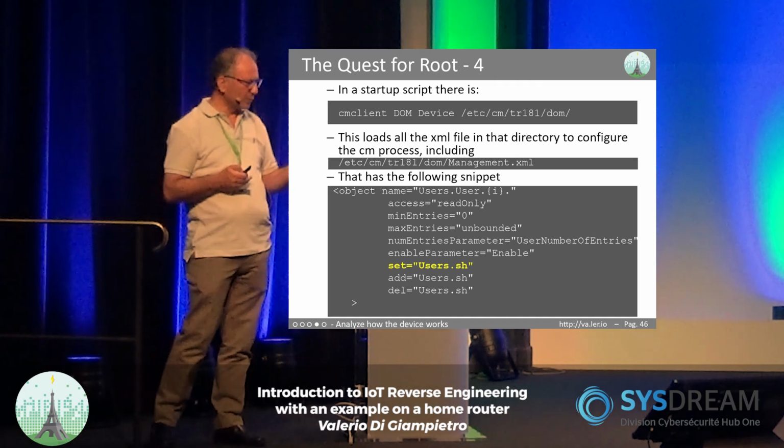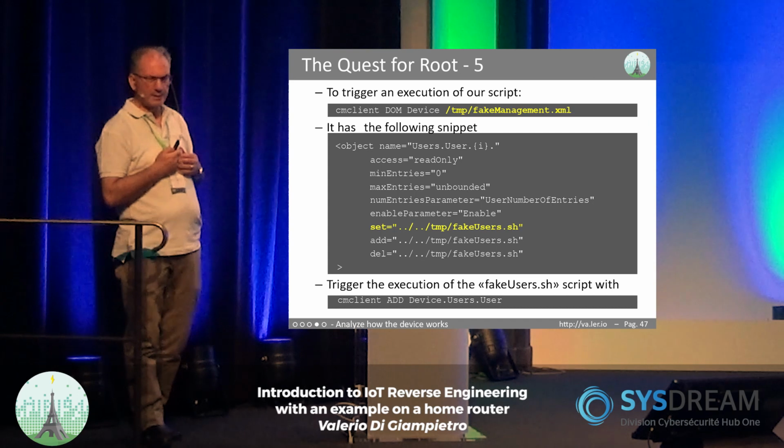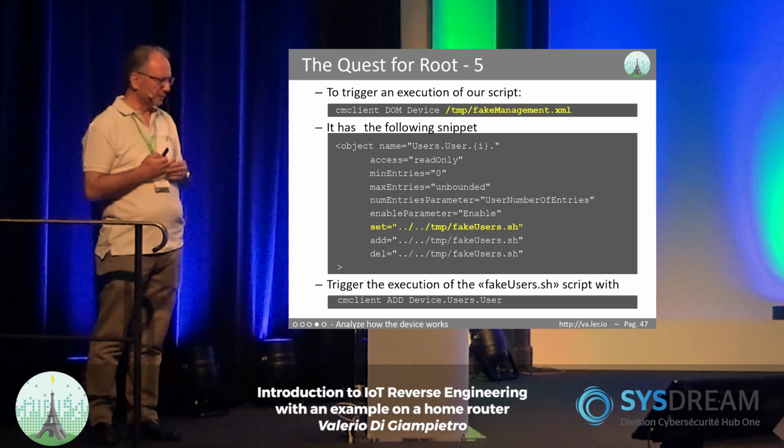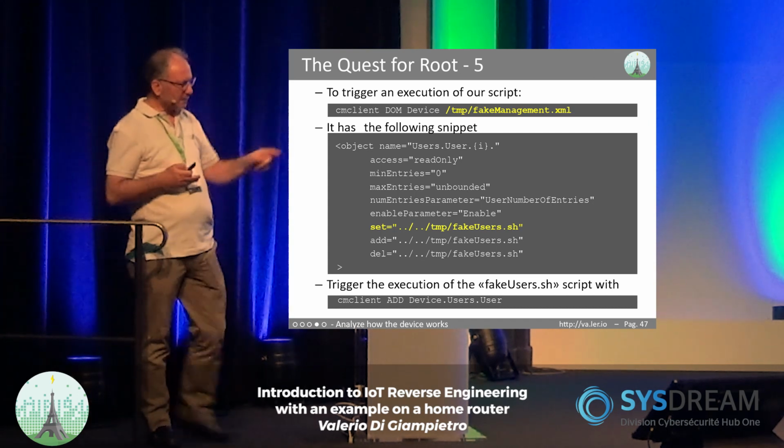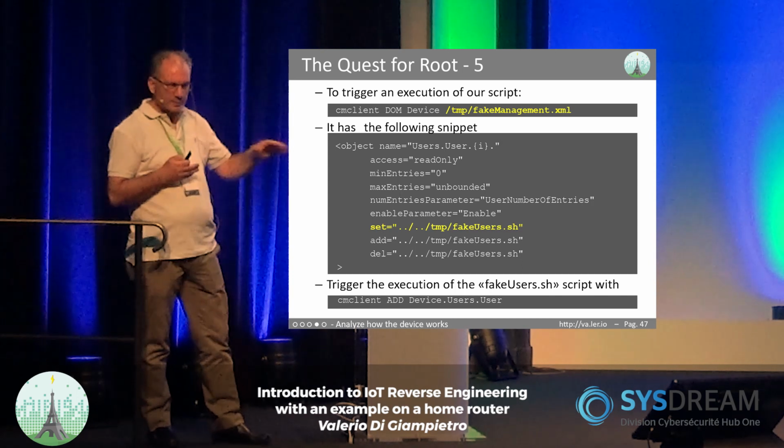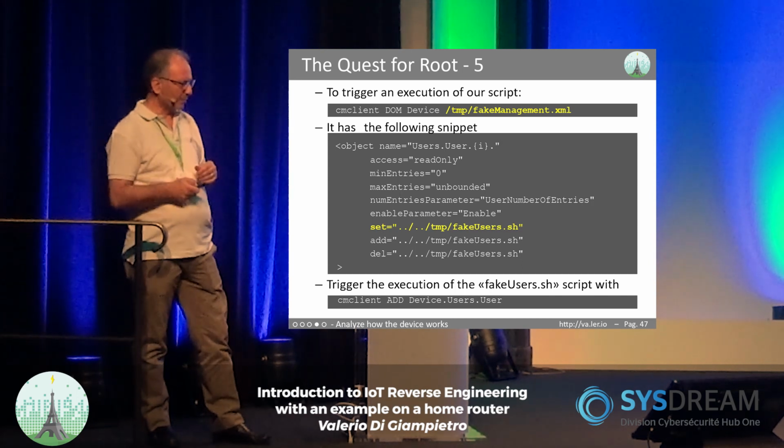So the idea is we can copy the management.xml into our own folder, modify it, and reconfigure the CM process using the CM client that runs as a normal user.